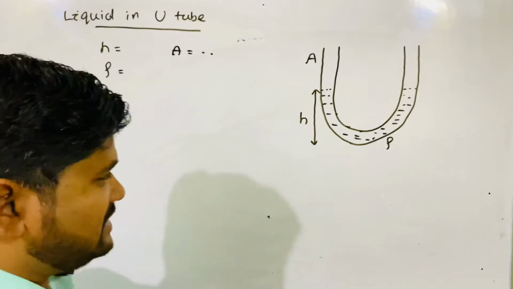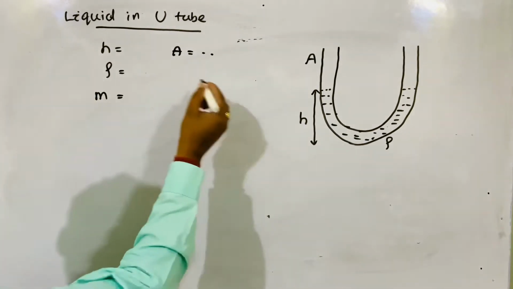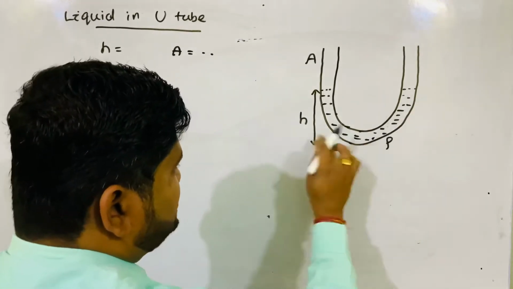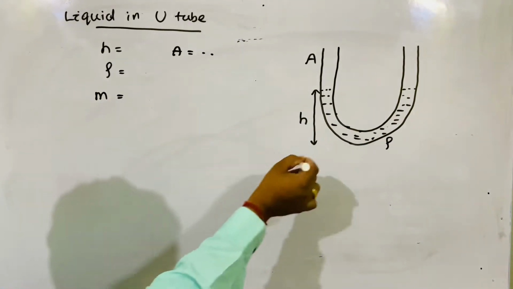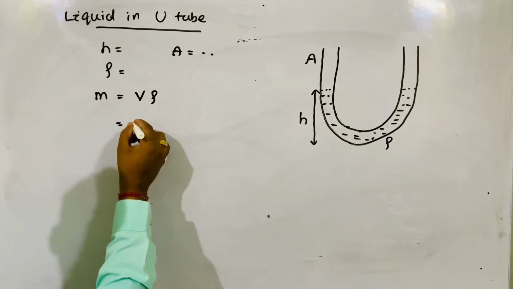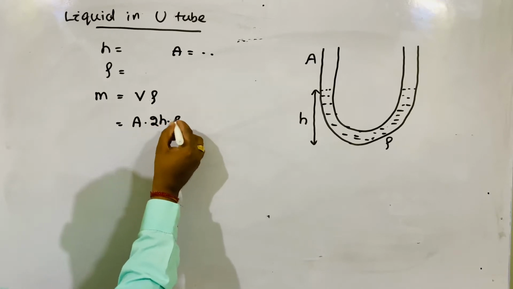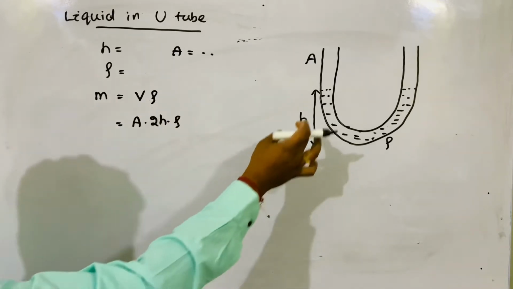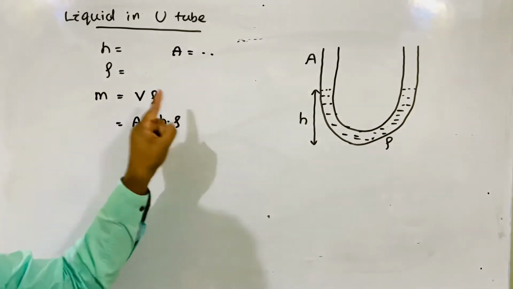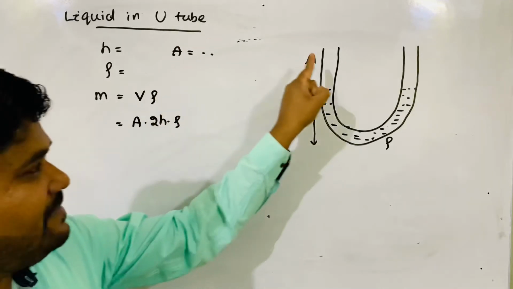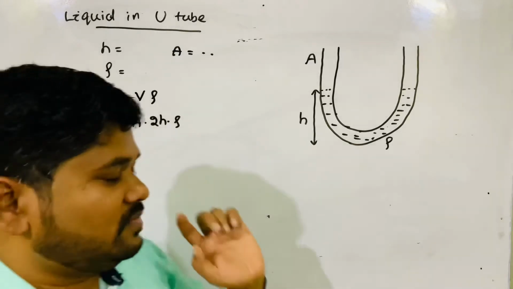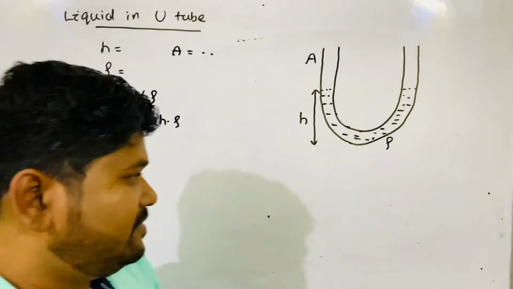This side is h and this side also h, so totally 2h height, with area of cross section A. Mass is equal to volume into density, so mass is A into 2h into rho. This is the total mass of the liquid in the U-tube. Here rho is the density, h is the height in each limb, A is the area of cross section.